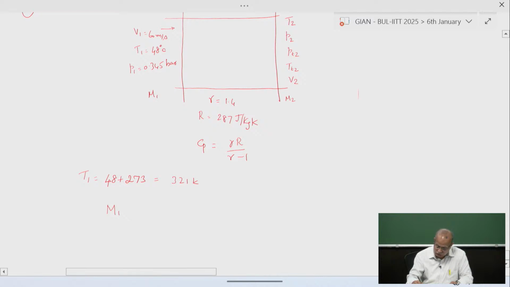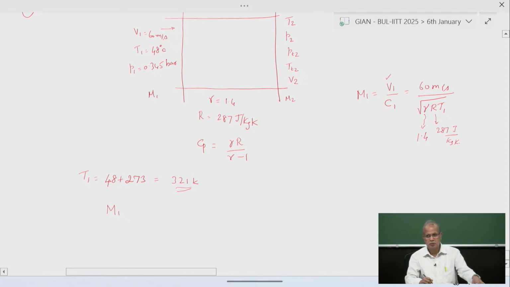So M1 is equal to V1 by C1. V1 is given in the problem as 60 meter per second. C1 is square root of gamma R T1. Gamma value is 1.4 for air, R is 287 joule per kg K. We already calculated the temperature T1.